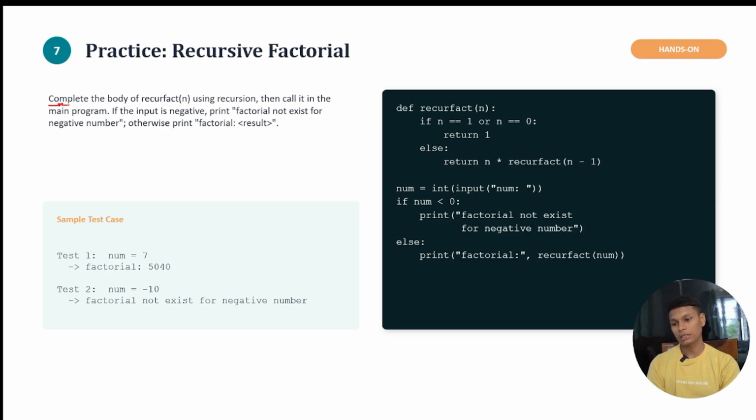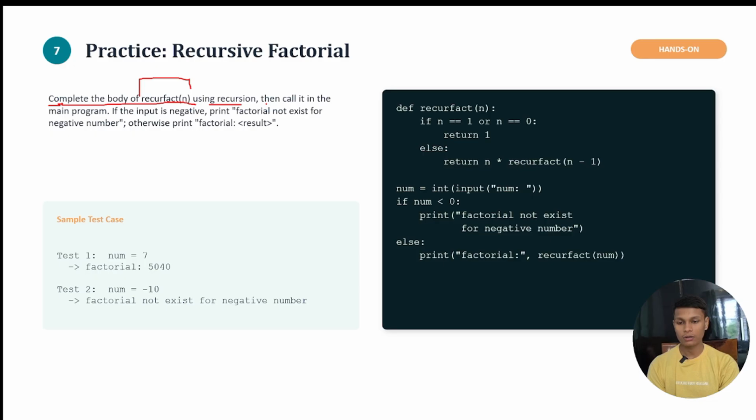You can see here: complete the body of the recursion function. Using recursion, we are going to create a function named recur_fact. So this is the name of our function.